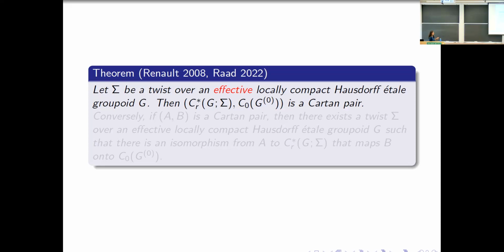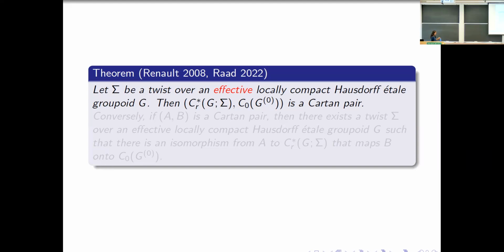It was a result by Renault in 2008, but recently there's a revised, generalized version which gets rid of the condition of being separable. So even in the non-separable case, Renault's result still holds.